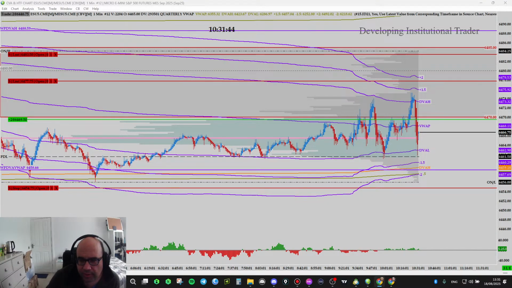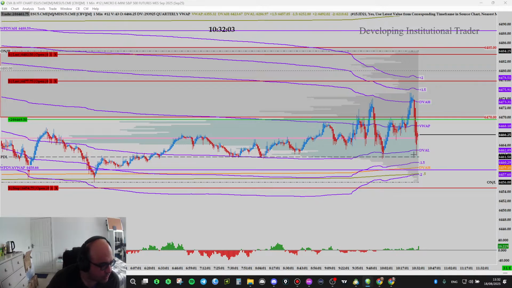So we see now that the price basically tested again the DVA high. It's trying to expand the distribution. It tested back all the range down to the DVA low, then the previous day low, which held the price again.